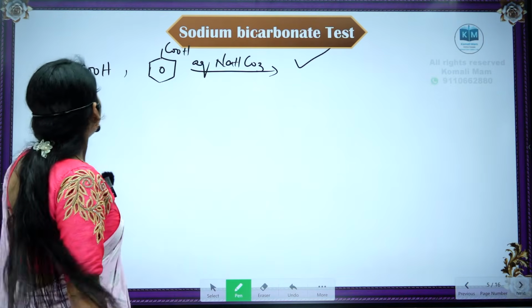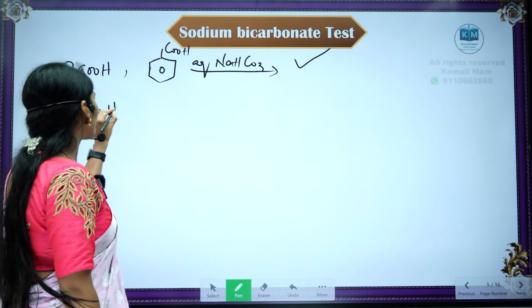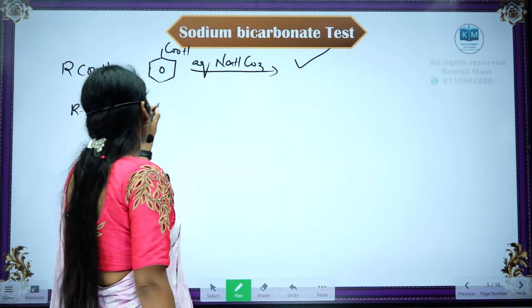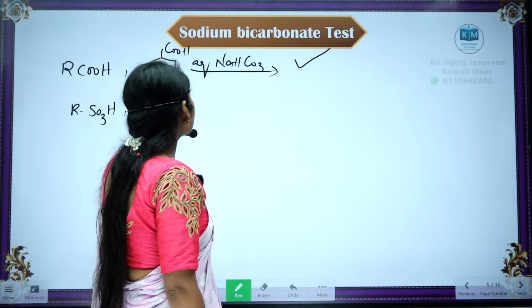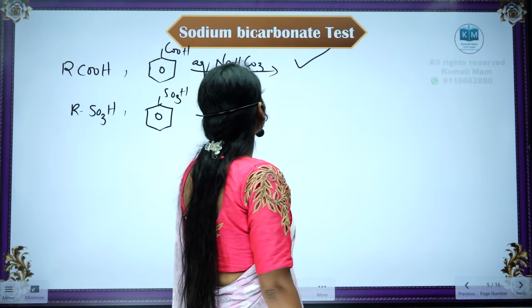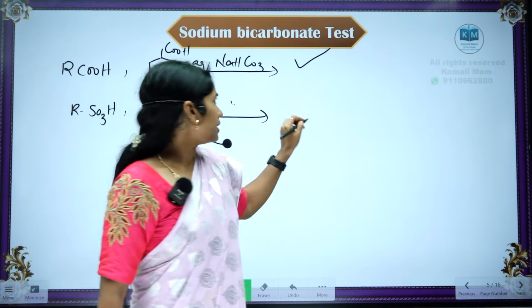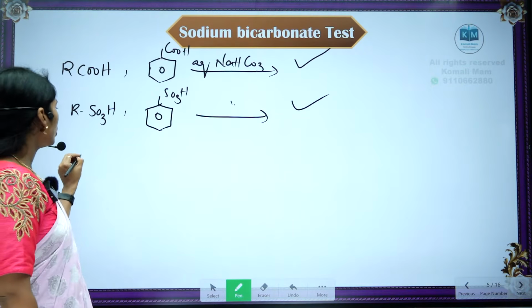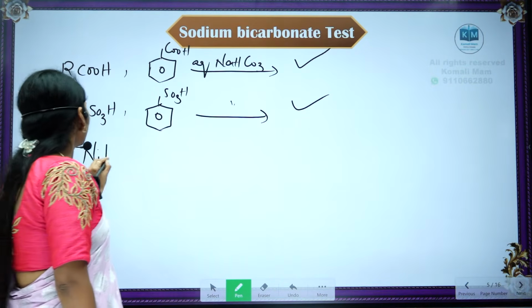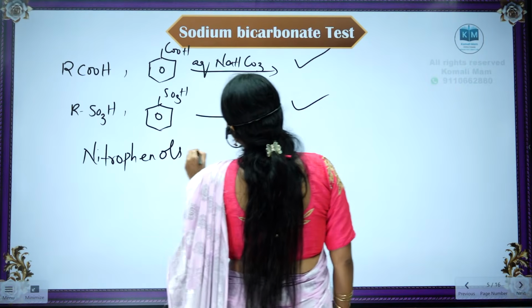Okay, fine. For example, you take sulfonic acid, aliphatic or aromatic sulfonic acid, students. If you treat with aqueous NaHCO3, then it gives a positive test. Okay, but nitrophenols also, you take phenol with nitro groups, it gives the test.